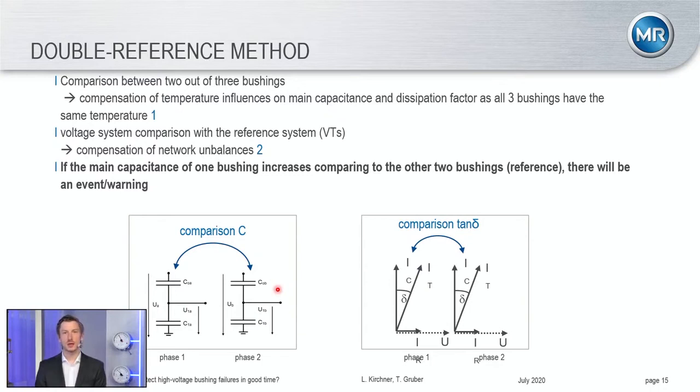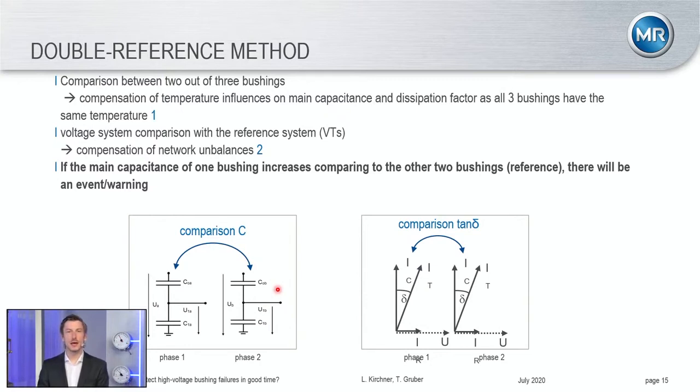We also then compare the voltages that we measure from this three-phase system to the three-phase system from the VTs. And then we know if the change in the amplitude or the change in the angle, so the change in the capacitance or the change in the dissipation factor, are they really because something in the bushing changed, or is it because something in the network changed?